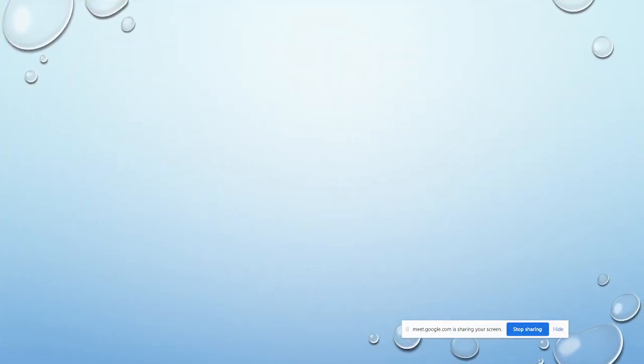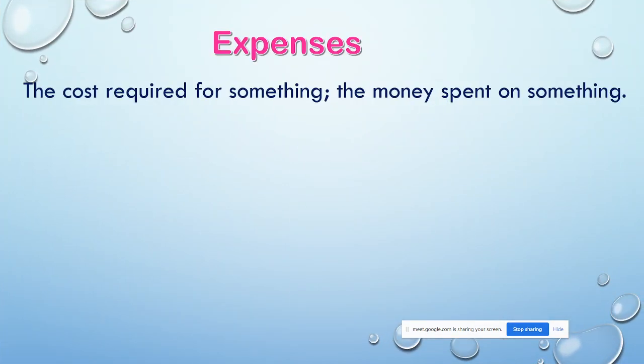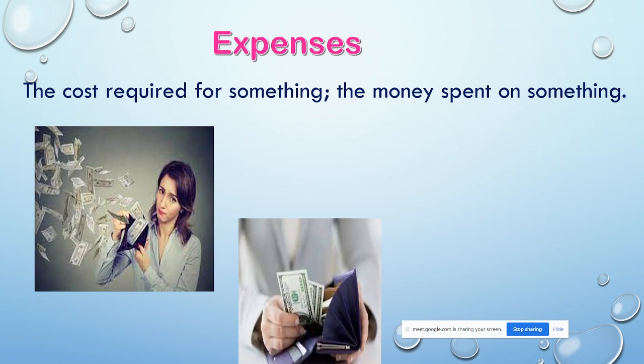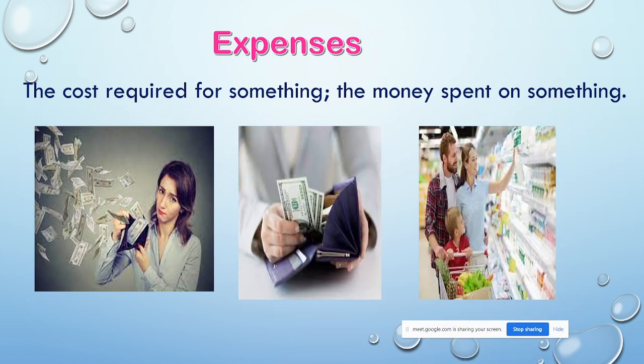Now, when you say expense, expense means the cost required for something, the money spent on something. It is the money that you use for paying for products, for buying products, for paying for services, and also for paying for your bills like electric bill, water bill.